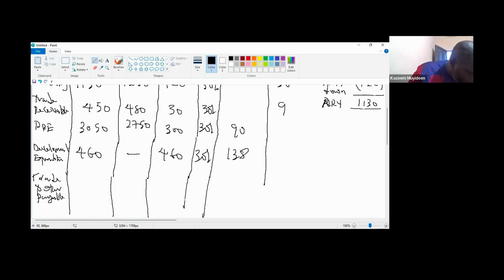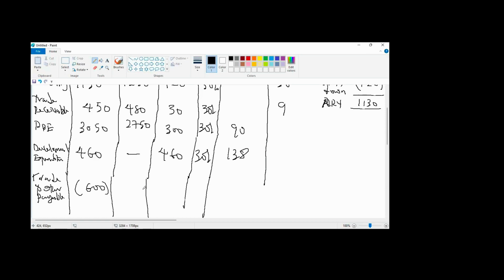Trade and other payables are carried at 600 million, including other payables that are accrued expenses of 100 million, which are later deducted for tax purposes on a cash basis. So the carrying amount is 600. What is going to be the tax base now?